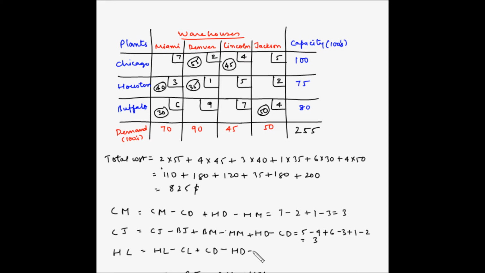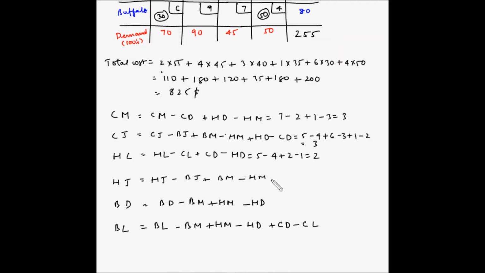The next one is HL. So HL is 5 minus CL is 4 plus CD is 2 minus HD is 1. 5 minus 4 is 1, plus 2 is 3, minus 1 is 2. The next one is HJ.